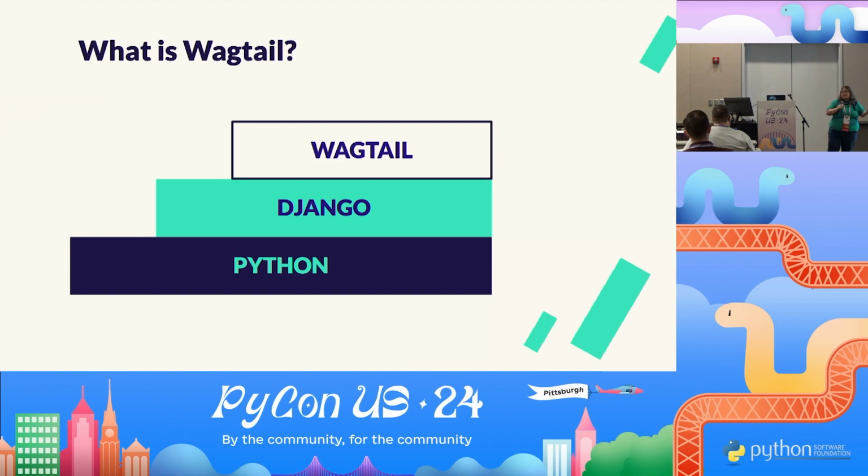Wagtail is a dedicated content management system built on top of Django that makes it easier and more intuitive for people. We give them more of a content editing experience that lets them move around and mix and match, and it's much more intuitive than the typical Django admin backend.